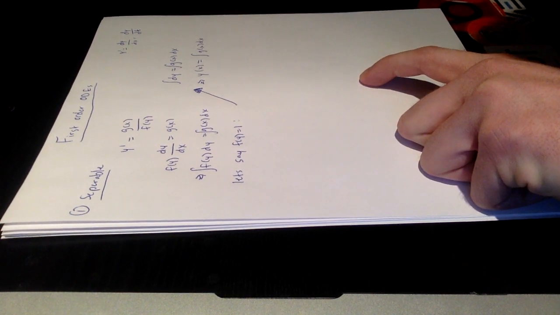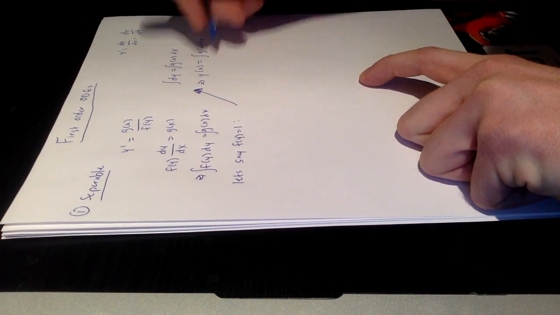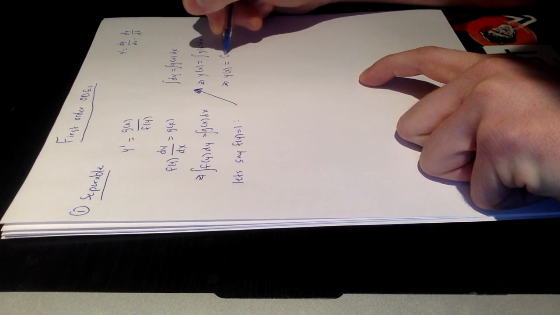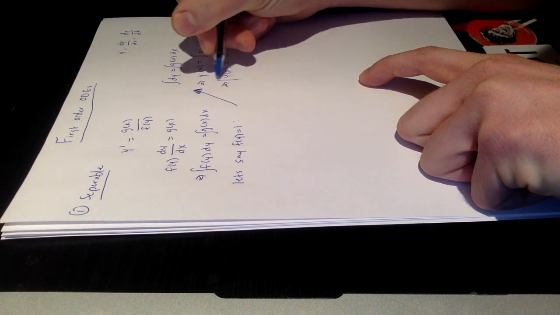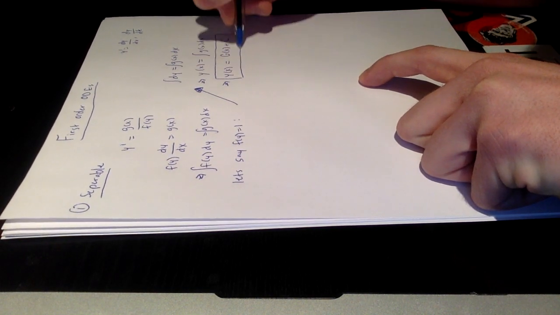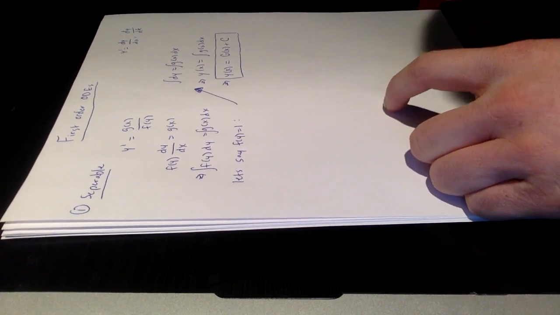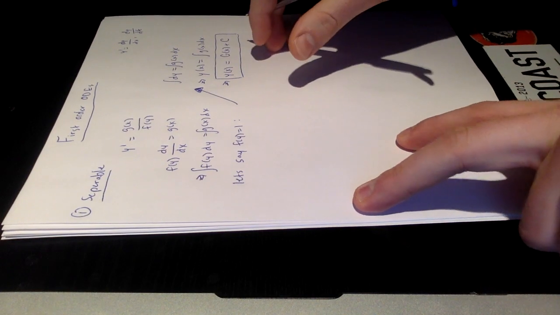Sometimes we write the antiderivative as a capital letter. So the answer is y of x equals the antiderivative of g, plus c. That's it, if f of y equals 1. And we'll see an example where f of y is not 1 later on. So that's it for separable.